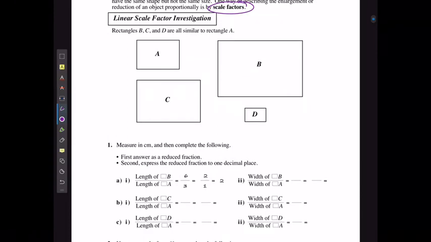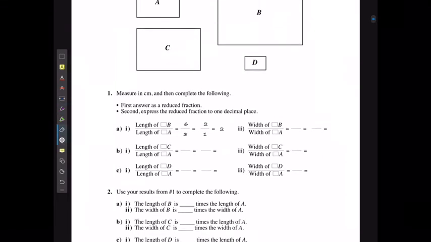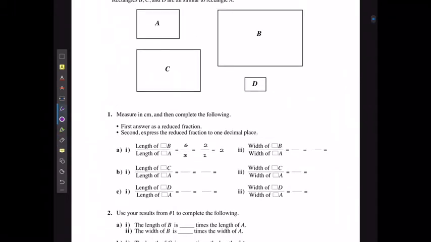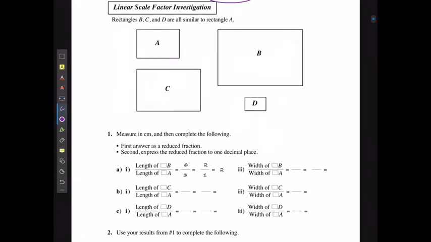I see that the rectangles B, C, and D are all just scale factors of A, which means that they all proportionally have the same size. So I can say that if I'm measuring them, and I'm not going to expect you to measure them, I'm just going to state what they are, that the length of rectangle B is going to be 6, and the length of rectangle A is going to be 3.